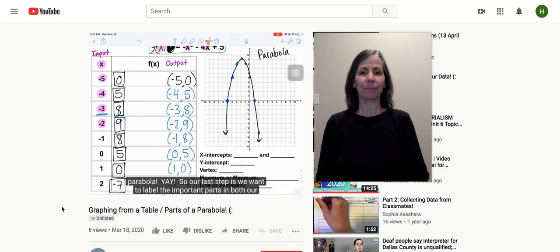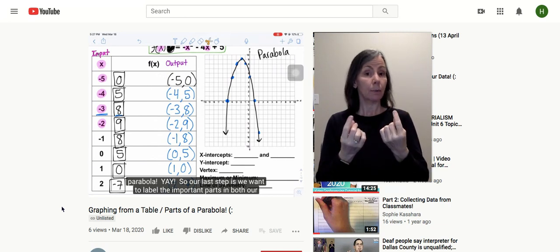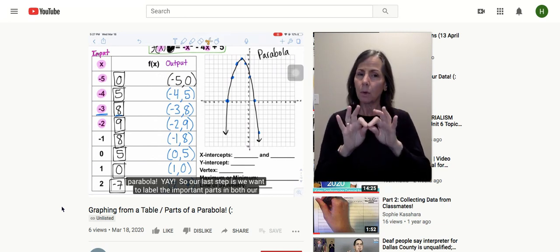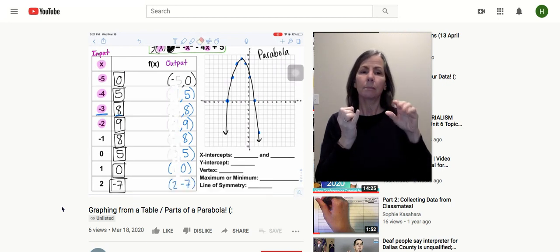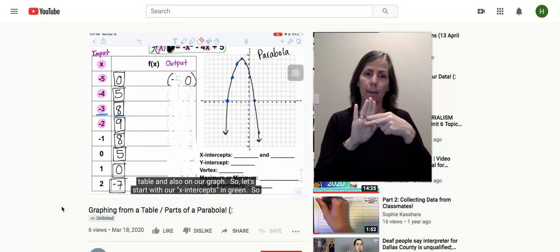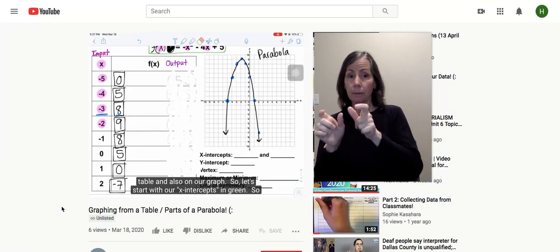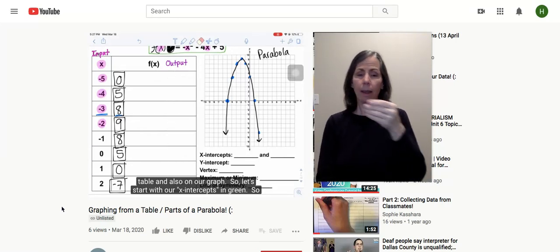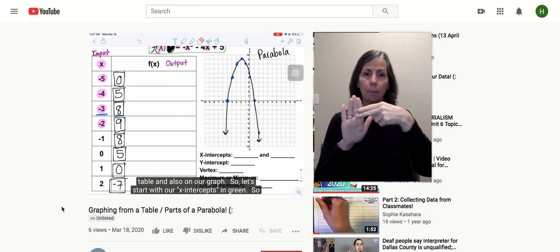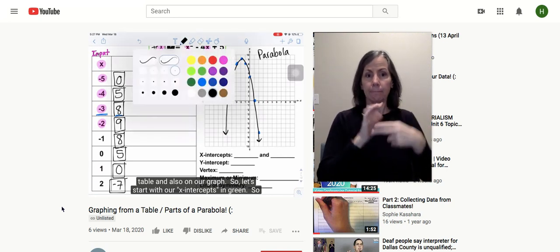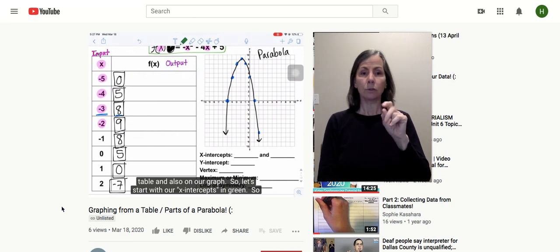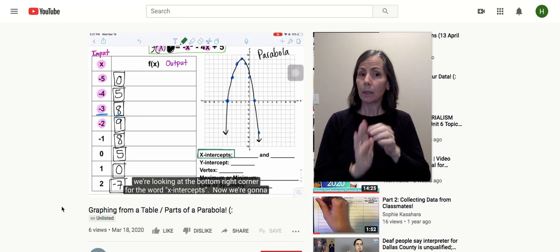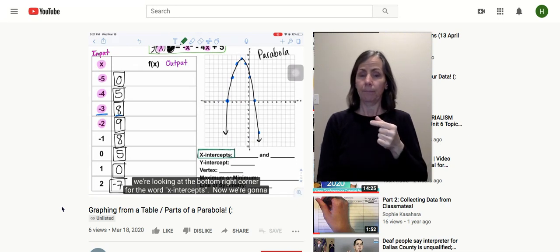So our last step is we want to label the important parts in both our table and also on our graph. So let's start with our x-intercepts in green. So we're looking at the bottom right corner for the word x-intercepts.